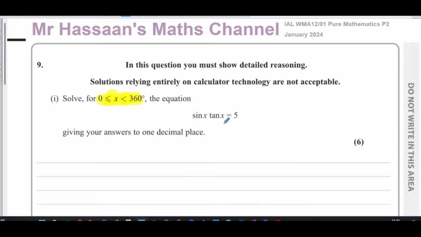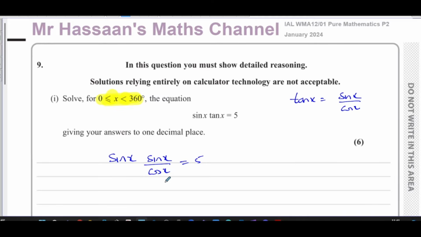The only thing really that we can do here is use the identity that tan x is equal to sine x over cosine x. I'm going to take the sine x and leave it as it is, and the tan x I'm going to write as sine x over cosine x. So I haven't divided by cosine x; I have just rewritten tan x as its equivalent.